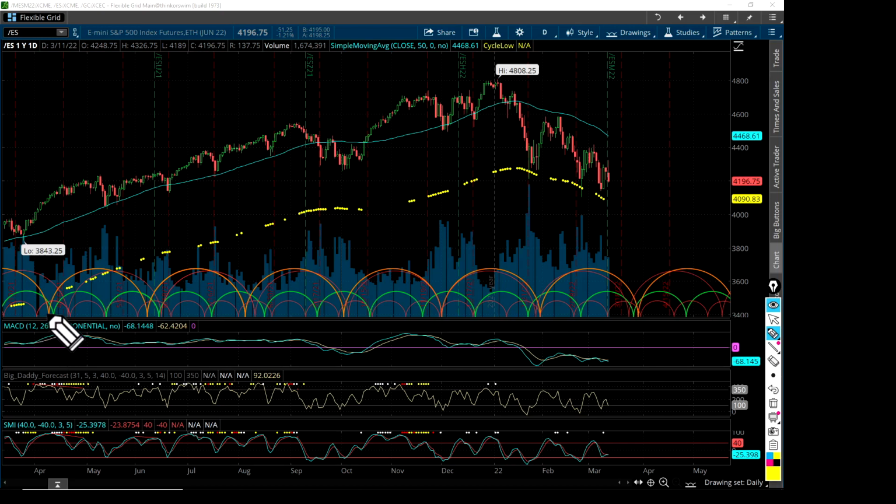Let's take this big orange cycle. Wherever you see this cycle come down, and the next cycle starts and goes up, we would normally expect price to start coming down into that cycle low. This doesn't always happen, but it happens often.